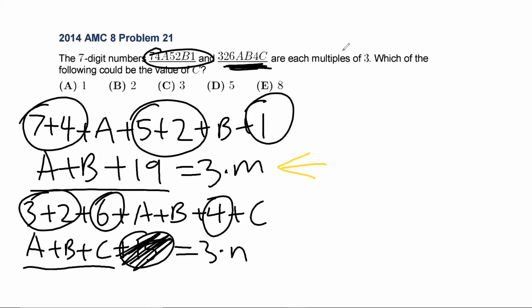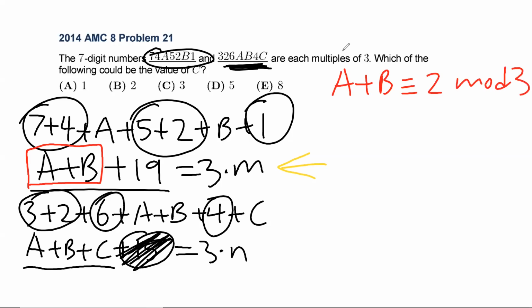So if you actually move 19 to the other side, then you'll get that the number A plus B is equal to 1 less than a multiple of 3, right? And in formal notation, this would mean that A plus B is congruent to 2 mod 3. Does everybody understand that?